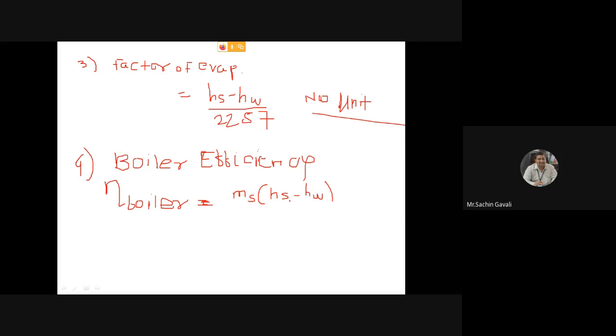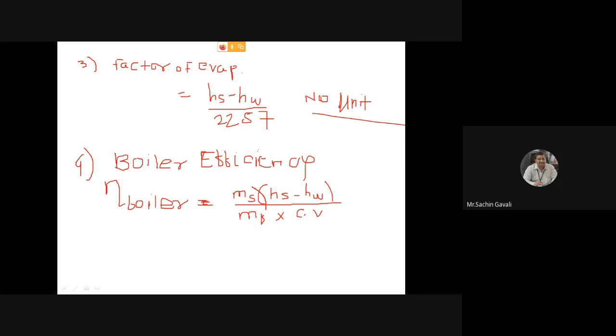If it is superheated steam, we refer to the superheated steam table. Correspondingly, we should know temperature and pressure, and we can find Hs. Hw is the feed water enthalpy. The temperature of the feed water we know, so Hw is equal to Hf at the given feed water temperature, and it is divided by the total heat we are supplying to the boiler.